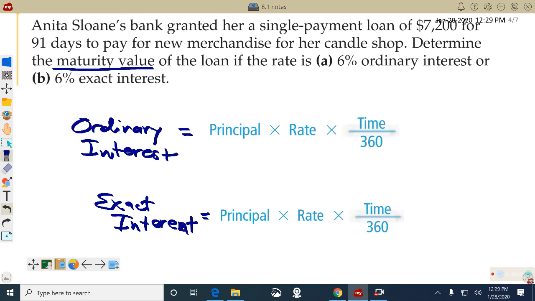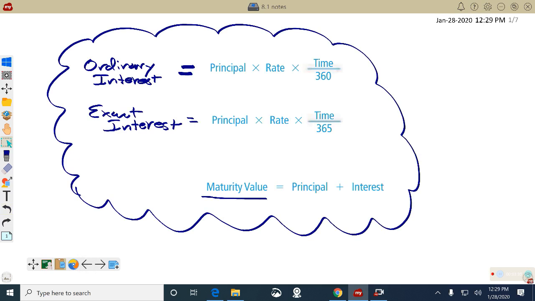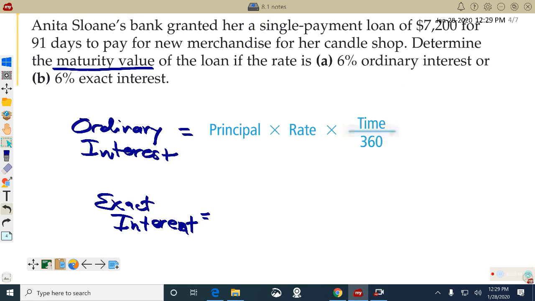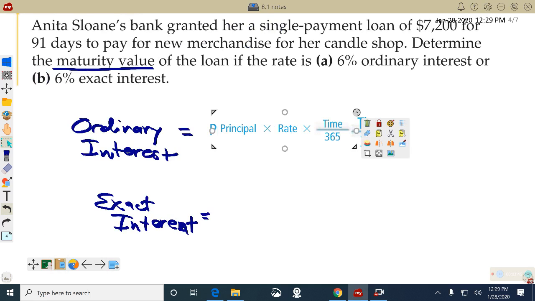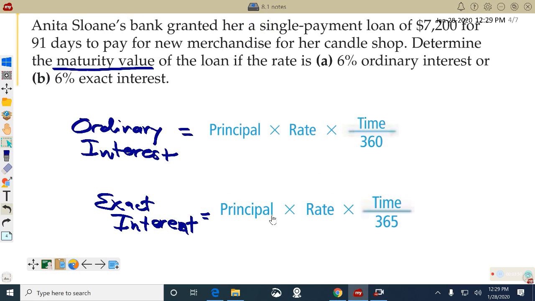One is 360 days a year, and the other one's 365 days a year, and I messed up. Yeah, the exact would be 365. Let me get the right one, my bad. This is the one I want. Copy, paste that. Here we go. So exact is based on 365. And this problem is asking us to find the exact and the ordinary.